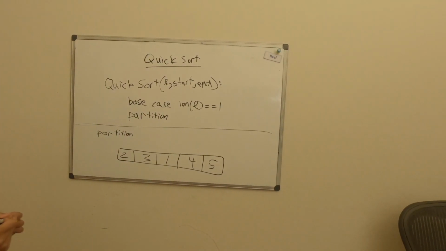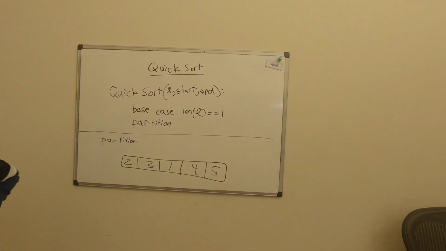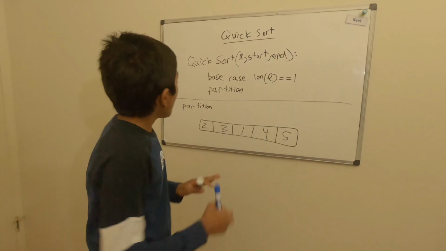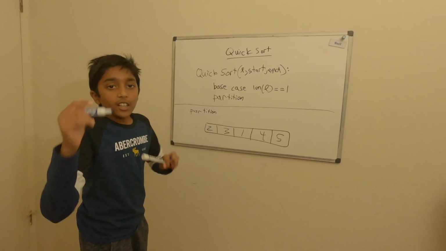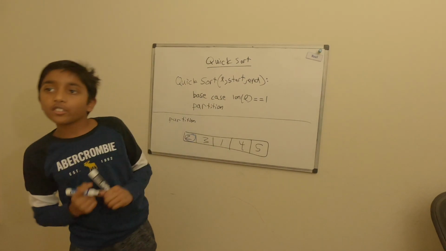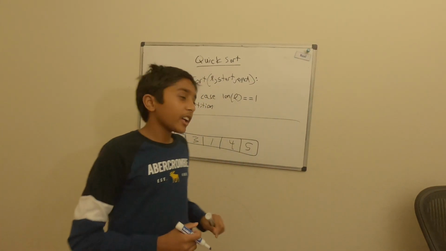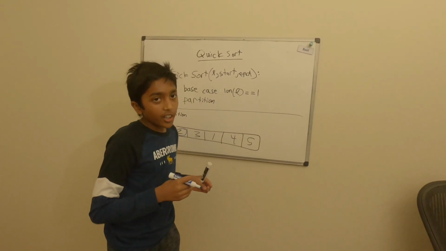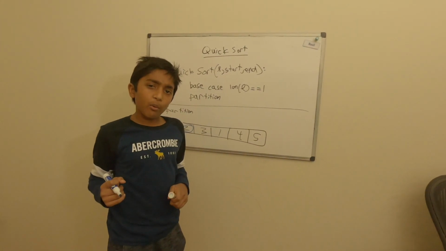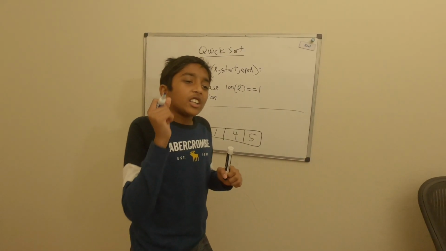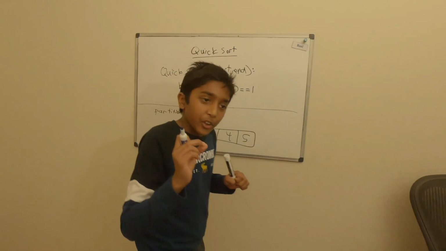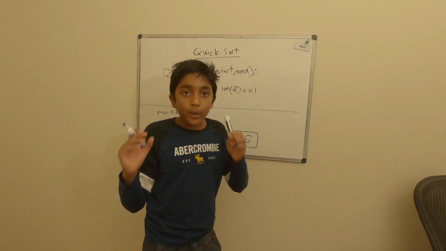So now we have to choose a pivot. Just for simplicity, we're going to say that the pivot is this starting element. But in another video, I will be covering which starting pivots will really get you the high boost of performance and why it gives you a better, faster Quicksort.